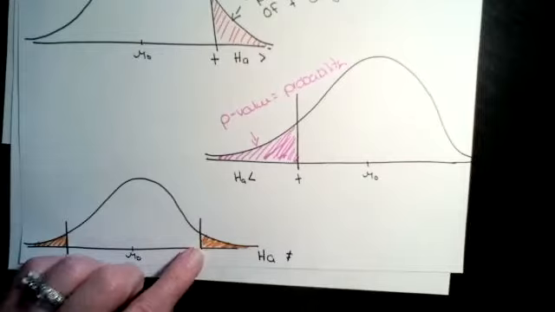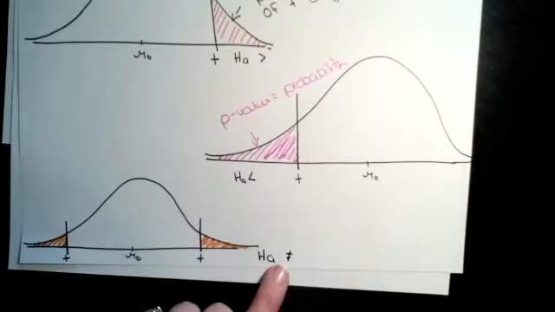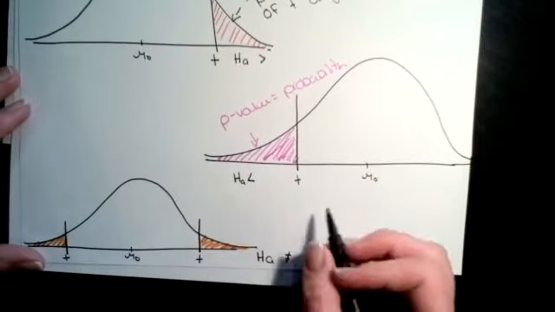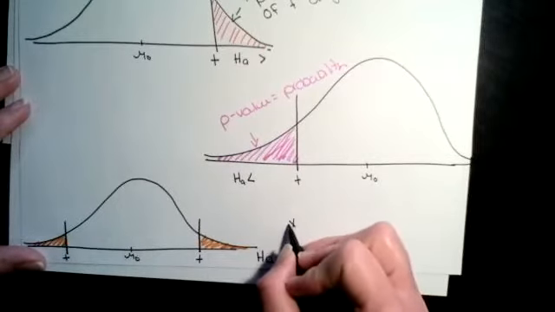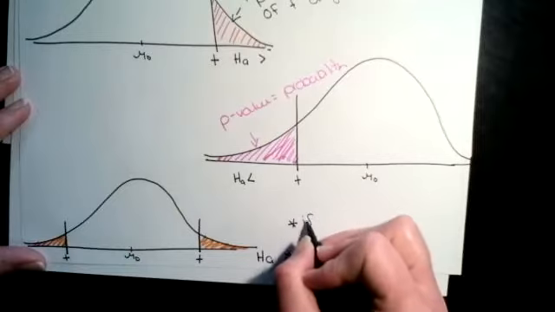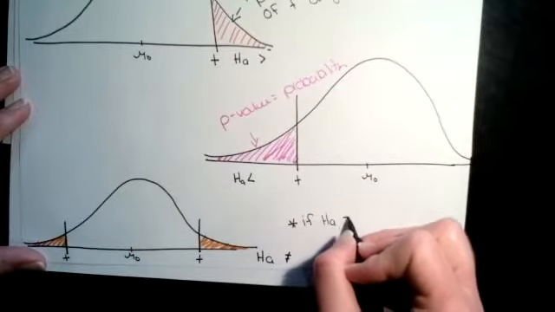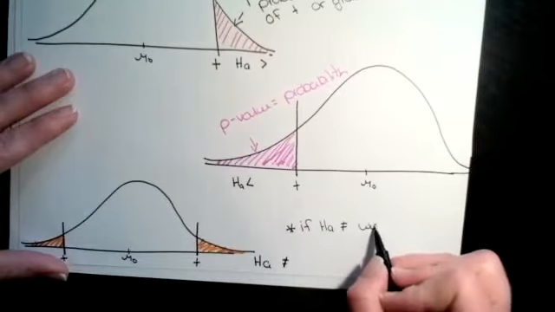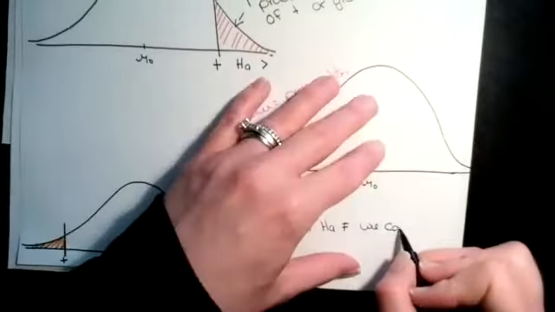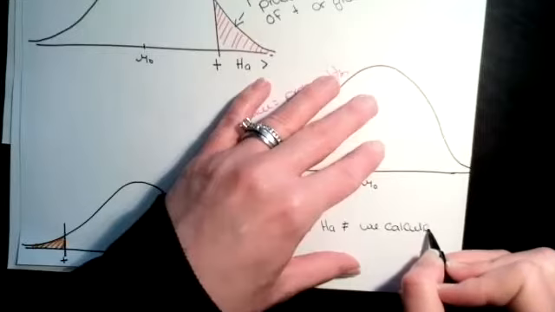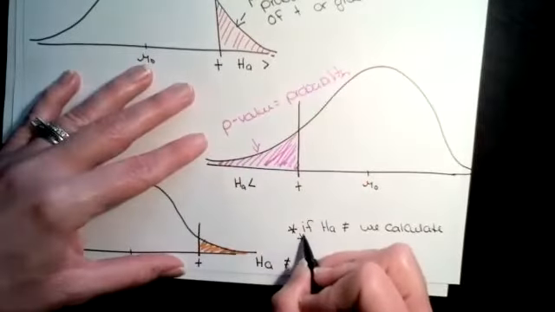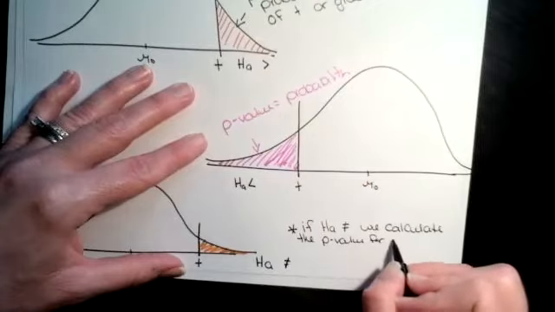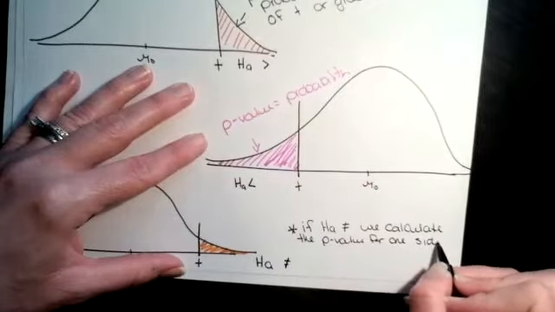Okay. And what I need to mention about this not equals, so I want to kind of separate this out. So if HA is a not equals, we calculate the p-value for one side, right?